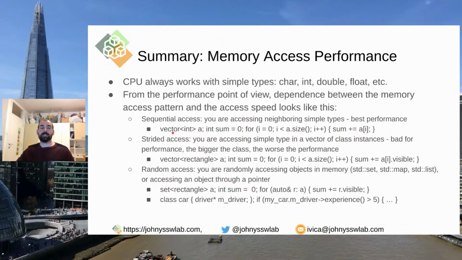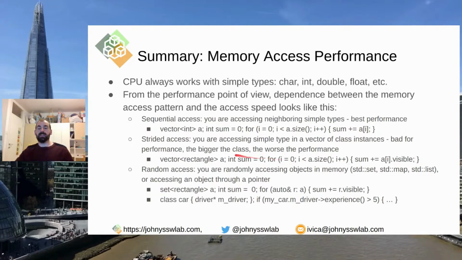The next type of access is strided access. You're accessing a simple type in a vector of class instances. Bad for performance. It's not as bad as random access, but it's bad, and the bigger the class, the worse the performance. So there is a vector of rectangles, and I'm now counting all the visible rectangles.